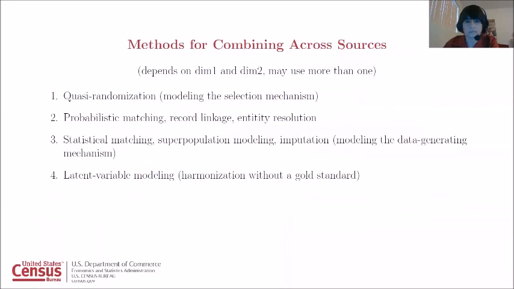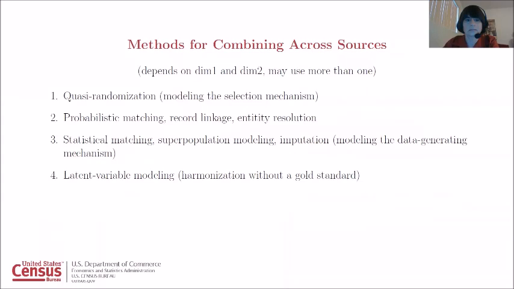These methods for combining are not mutually exclusive. You can have multiple methods for combining in a given project, and which ones are appropriate depends on the structure of the variables and the sources of the data. One set of techniques for combining involves what we call quasi-randomization inference, where you can think of it as modeling the selection mechanism.